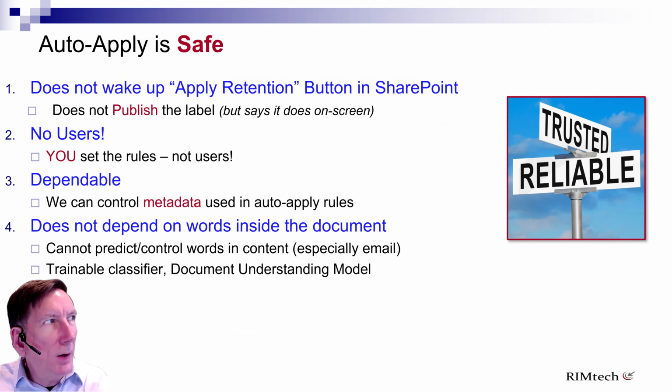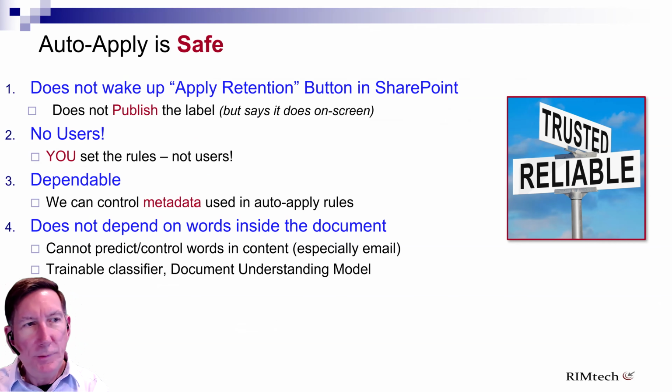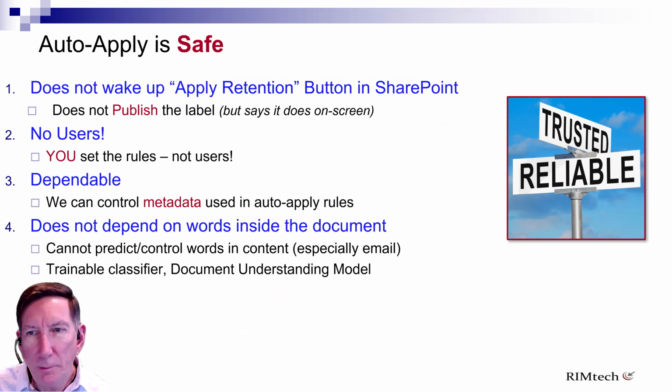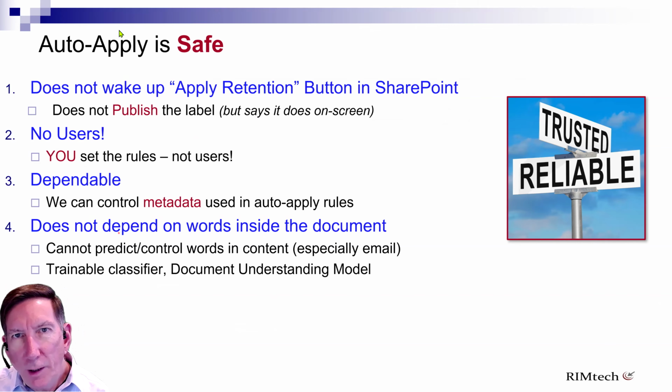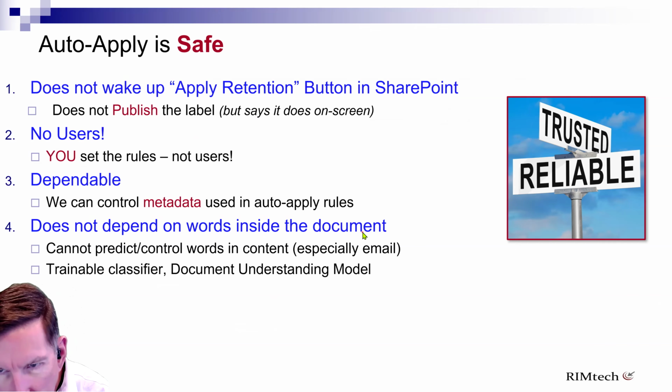So if you know that a particular document has a piece of metadata called, I don't know, final report, then you can act on that in an auto apply rule, right? And you can build that metadata, control it, use it. You're in full control, dependable. And the final reason is it doesn't depend on words inside the document, which Microsoft calls content, right?